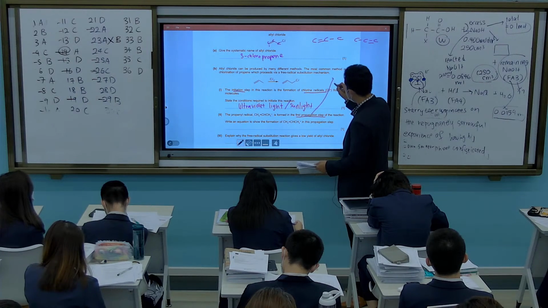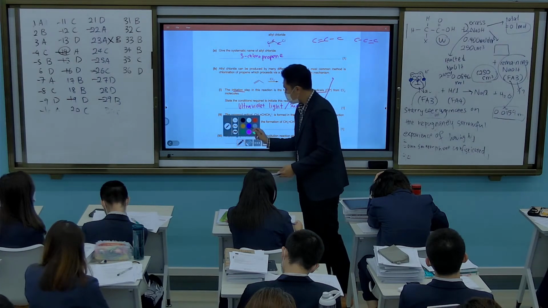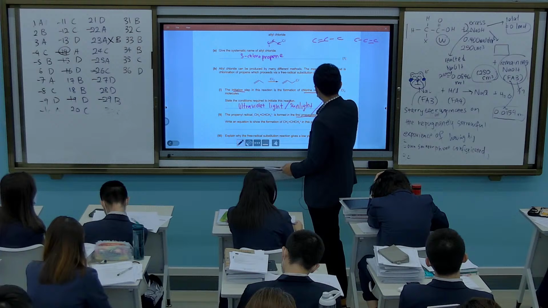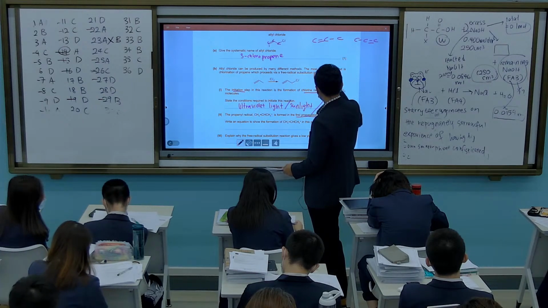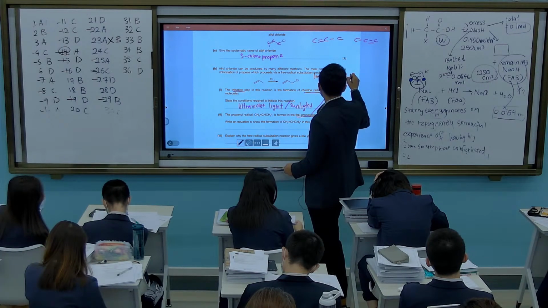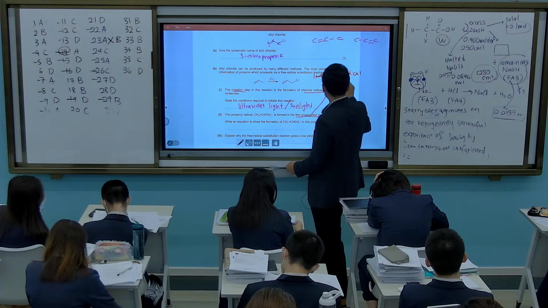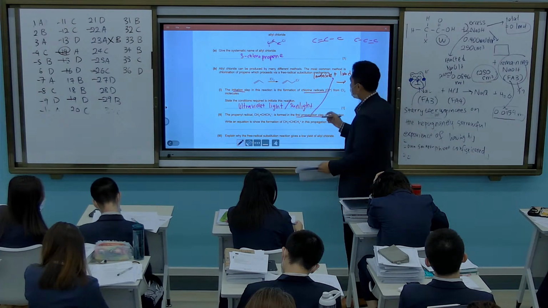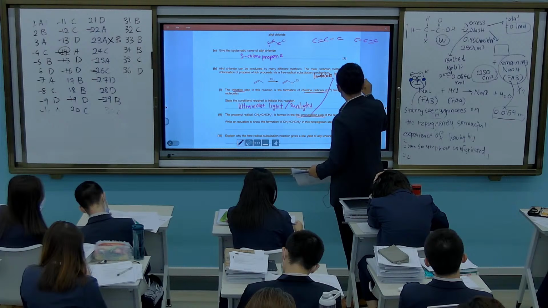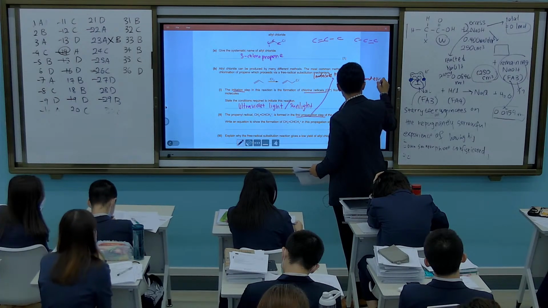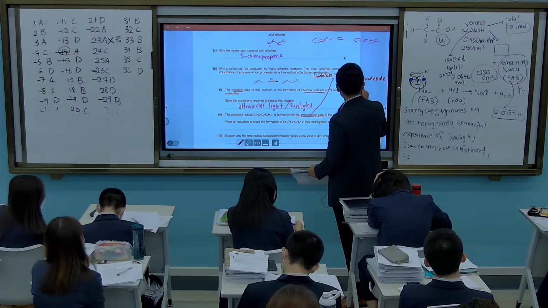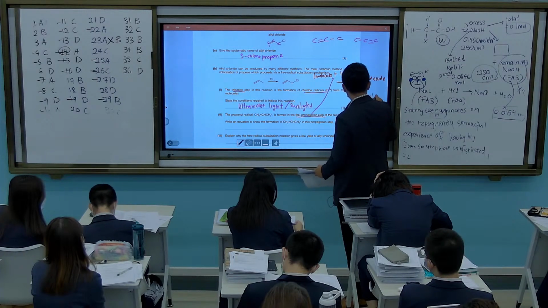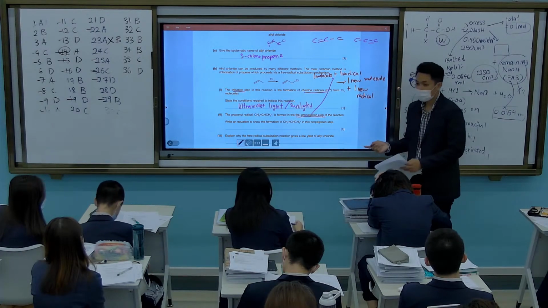Propagation here is just one molecule reacting with one radical to form one new molecule and one new radical. So like this, right?